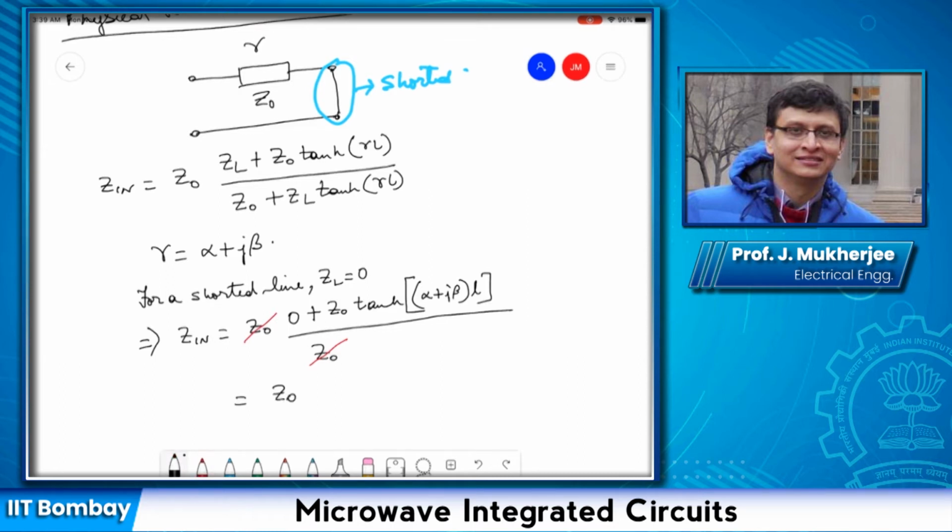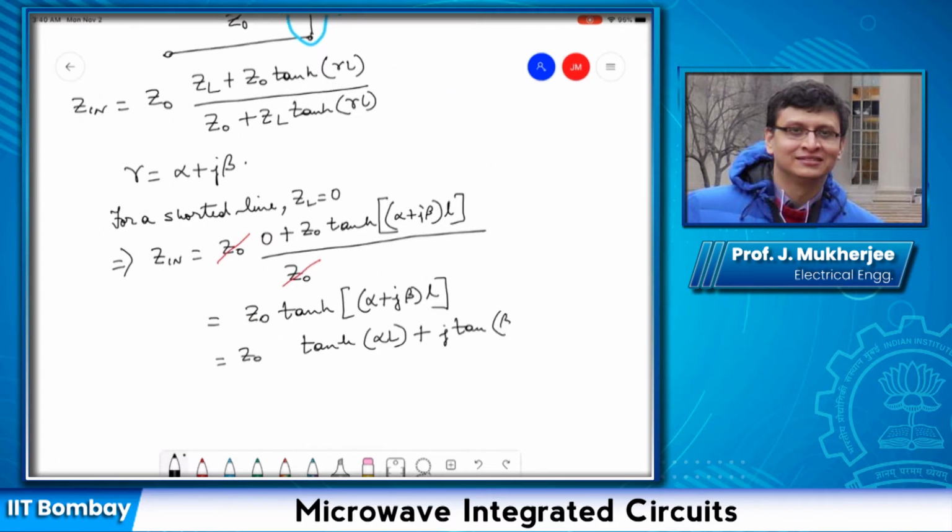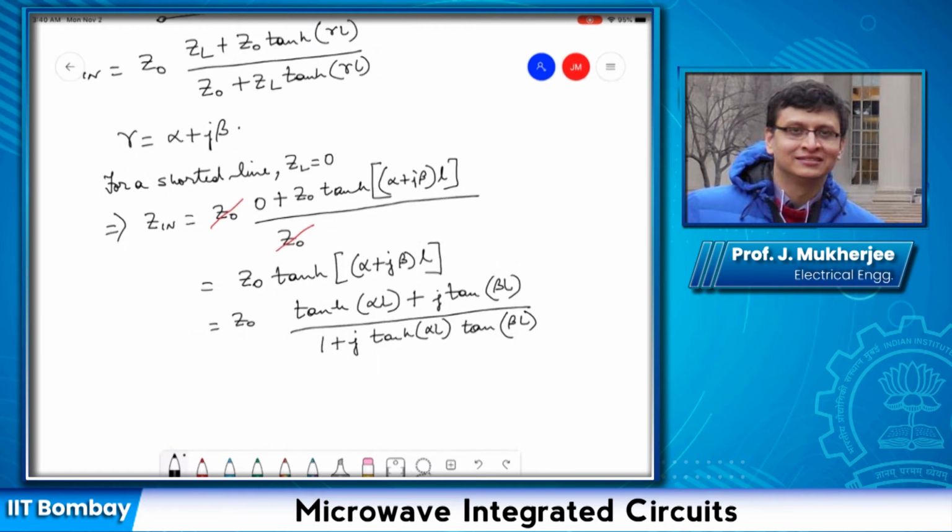What we obtain is like this. Now, assuming that the losses are small, so we are assuming that the transmission line is lossy, but not that lossy. So if the losses are small, then we can make this approximation.